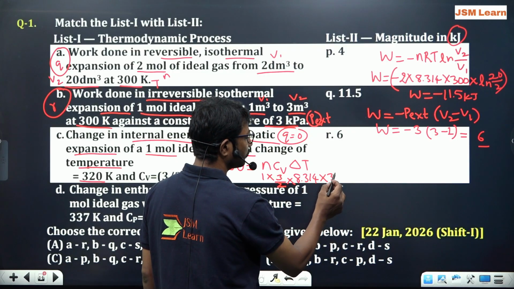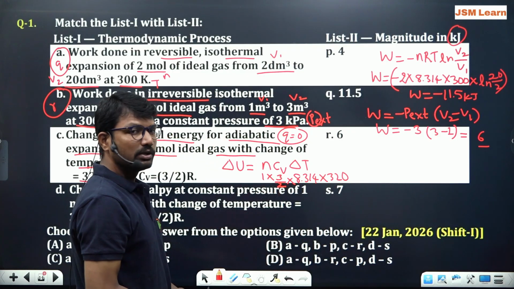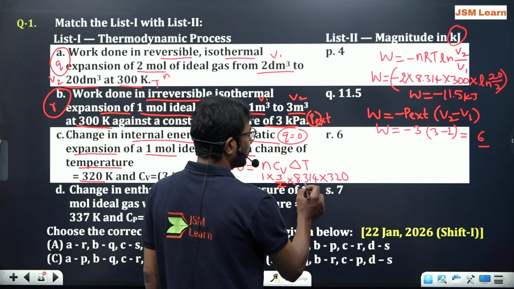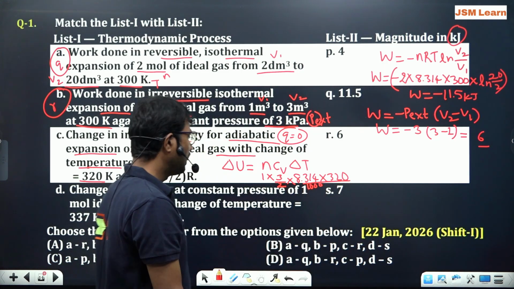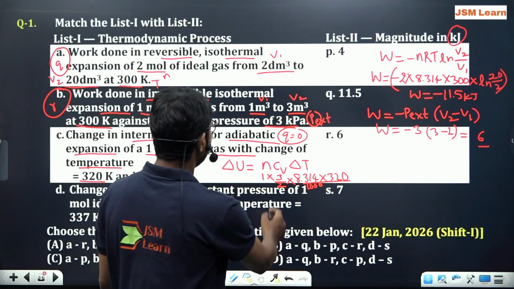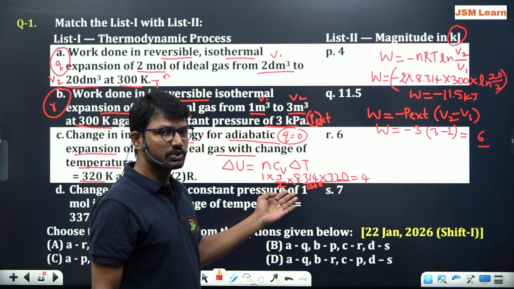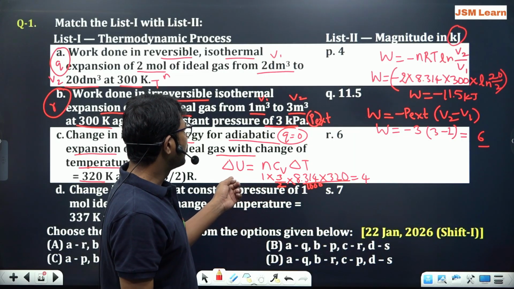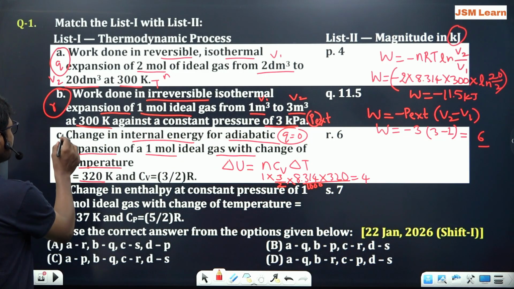This one we are going to get in joules, so to get it in kilojoules, we are dividing this by 1000. On simplification you'll get this value as 4. So delta U value is matching with 4, P. So C is matching with P.